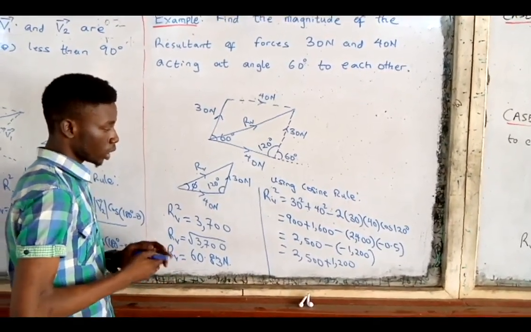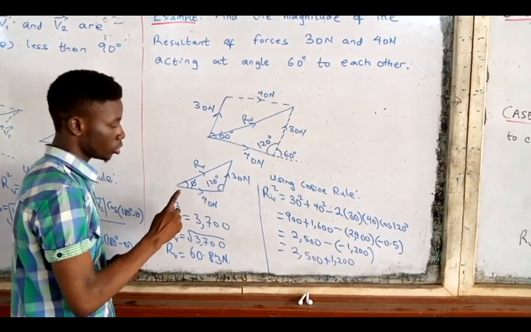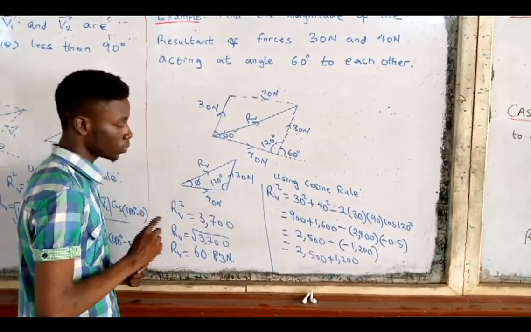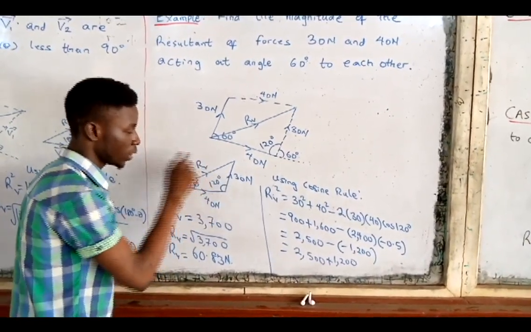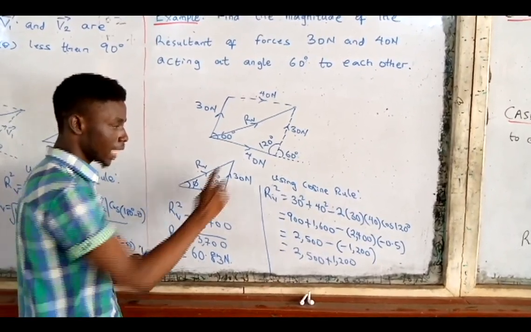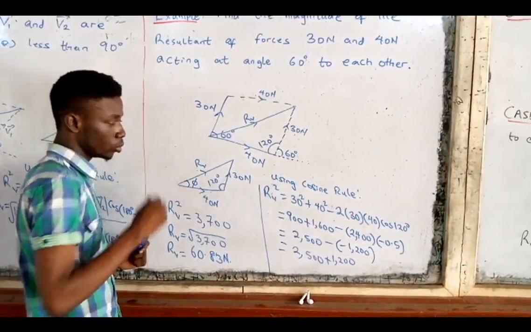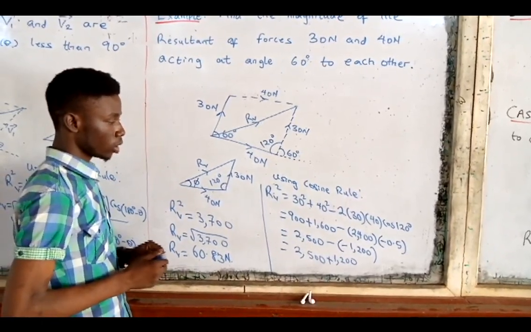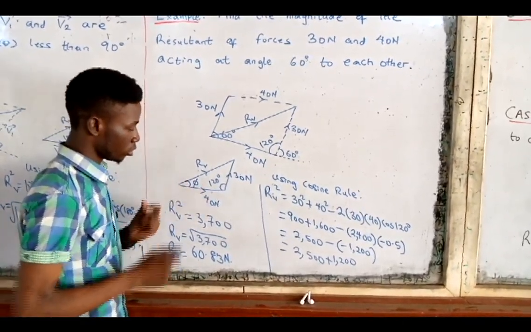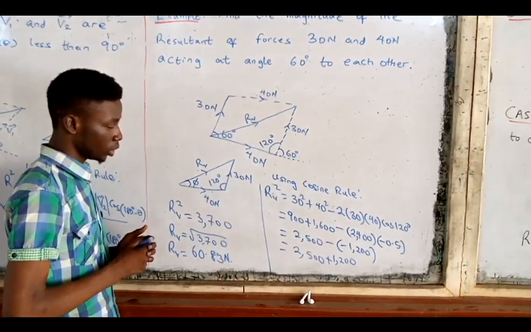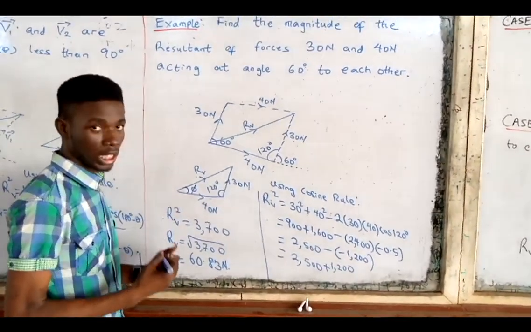I know the magnitude of the resultant vector and I know the angle that is facing it. I know the magnitude of this side and I'm looking for the angle that is facing it. To get the value of this angle here, I can make use of sine rule.